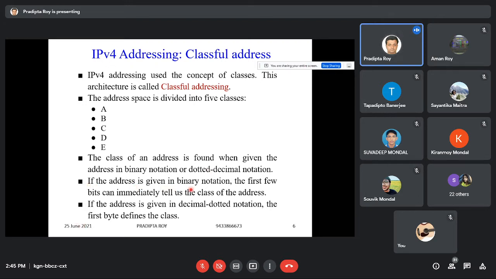If the address is given in binary notation, the first few bits can immediately tell us the class of the address. By inspecting the first few bits, we determine the class.